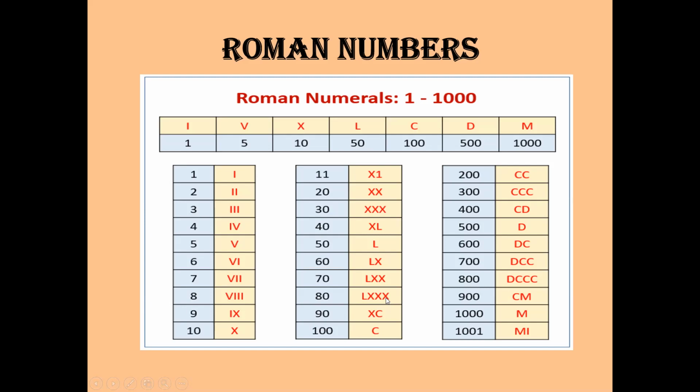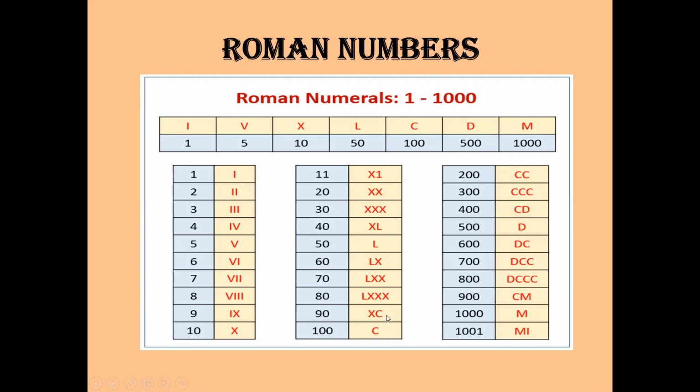Now, how can we write 90? Already we have 100. If you subtract 10 from 100, the answer will be 90. So put in your mind, if the small number is on the left side, we subtract from the big number.